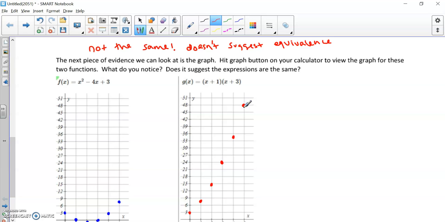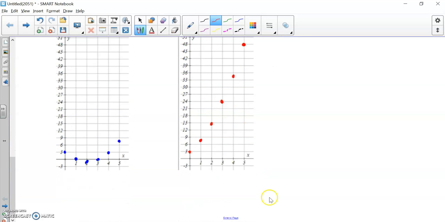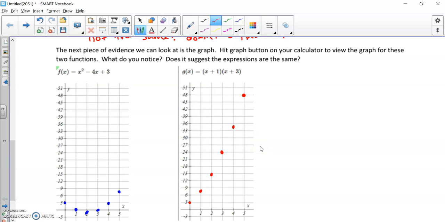Alright, so that's all you have to do for the graph and the tables. And then at this point you have to look at these and be like, do these look like they could be the same? Not really, because the points are totally different. So we're going to say that it does not suggest equivalence.